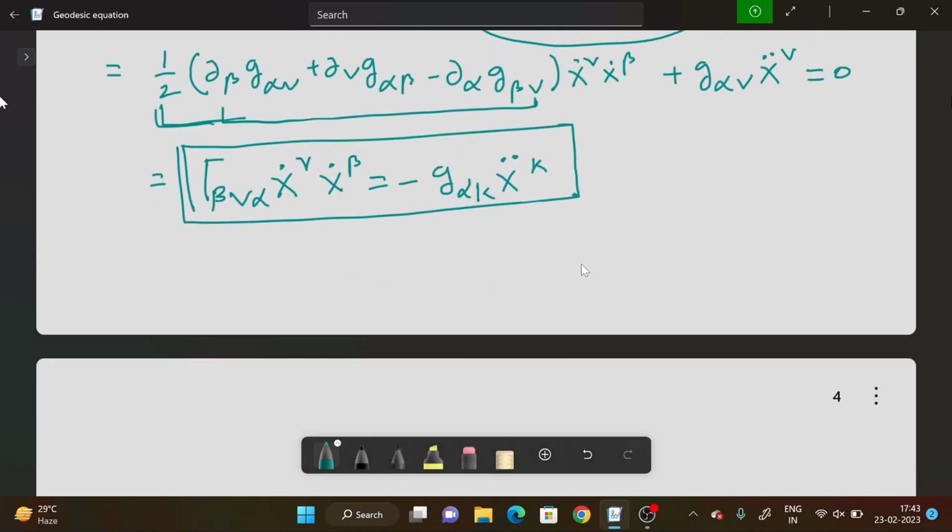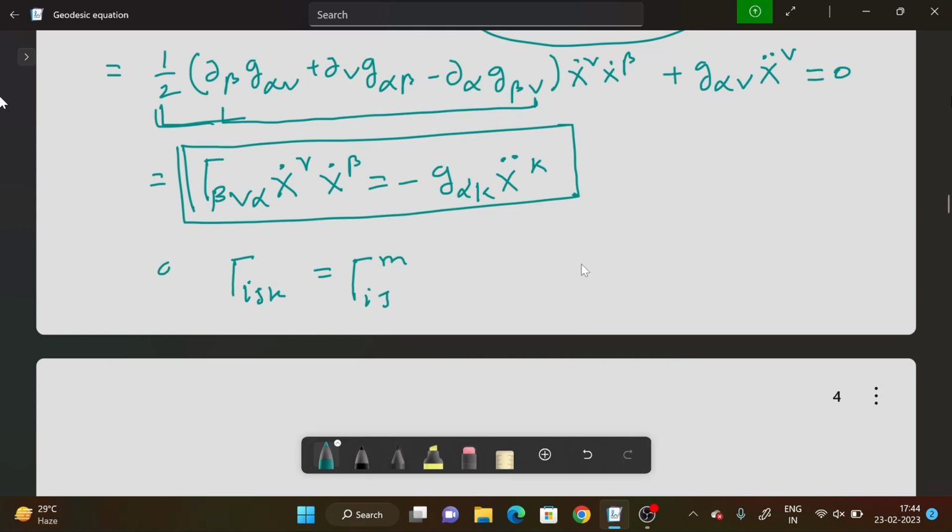Now what do we do next? Well, how do you change the Christoffel symbol of the first kind to the Christoffel symbol of the second kind? Let us see, if we have say some Christoffel symbol I, J and K, and we want to change it to the Christoffel symbol of the second kind, which will have one index on the upper side, so we'll have some M I J. Well, you know that this sort of transformation can be brought about by the use of the metric tensor, right?